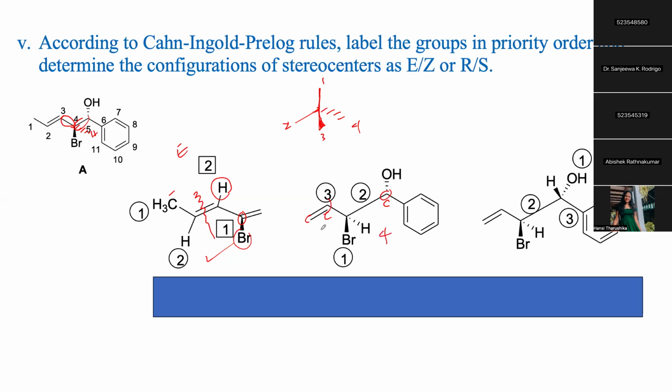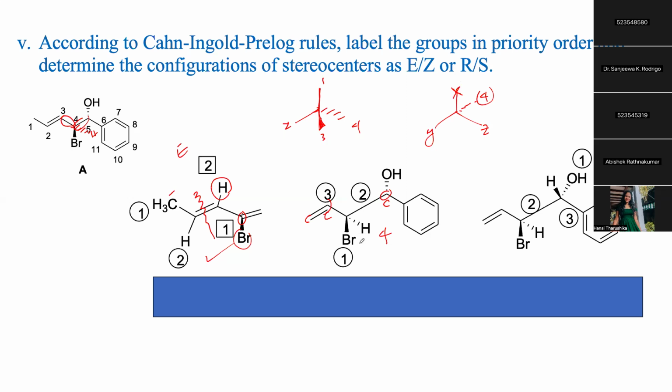Now, how do you read whether this is R or S? You hold the least priority group away from you, and then you will see the other 3 groups. The least priority group is in the back, which is number 4. Then you consider the priority of the other 3 groups which are looking at you, like at the base of a cone.